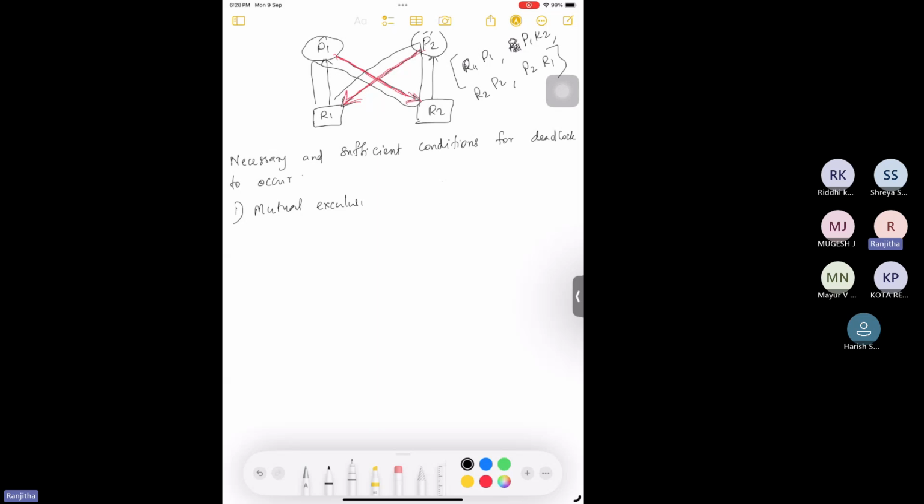Okay. One is mutual exclusion. Mutual exclusion means that each resource can be with only one particular process. Like critical section, we saw, right? Only one process should be in the critical section at a given point of time. Similar to that, mutual exclusion means that each resource is either available or assigned to exactly one process.